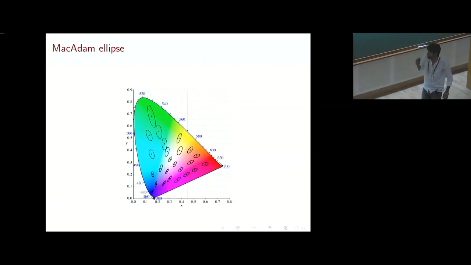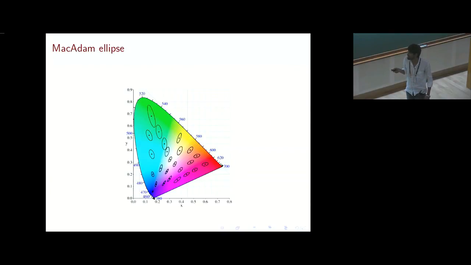So this slide contributed to what gave us motivation towards this work. This is a chromaticity diagram, which contains the space of colors. And here, these ellipses are called MacAdam ellipses. They describe the metric on the space of colors, on the ability of a human eye to distinguish these colors.